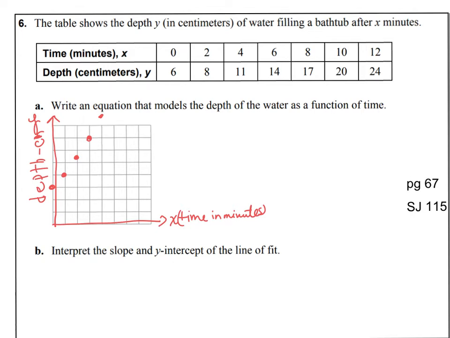Drawing a line of best fit through that data, and I wish I had the other points, but I'll try to make it steep. And that line's not very good. I'll try again.